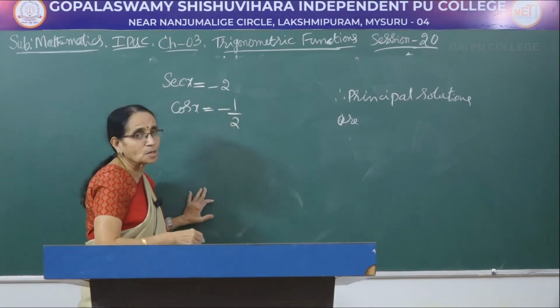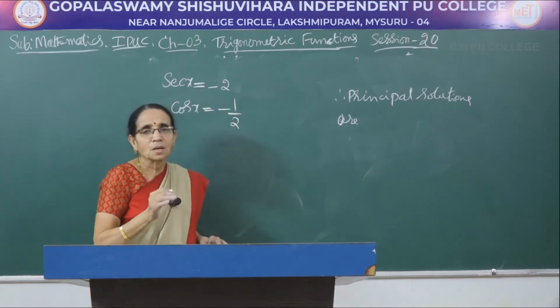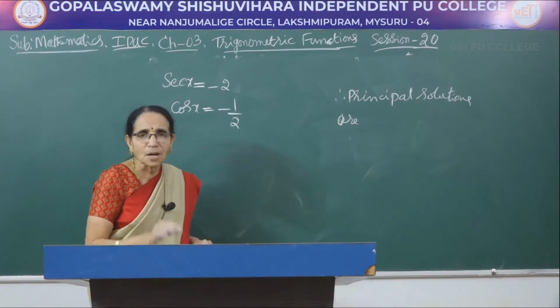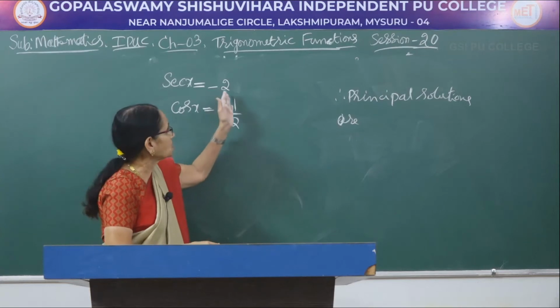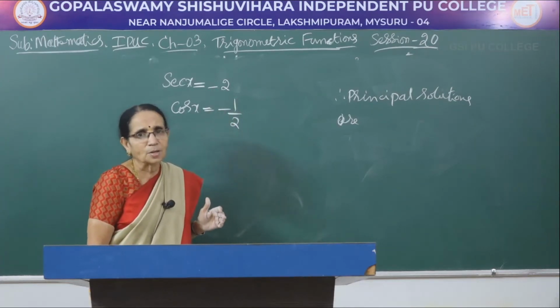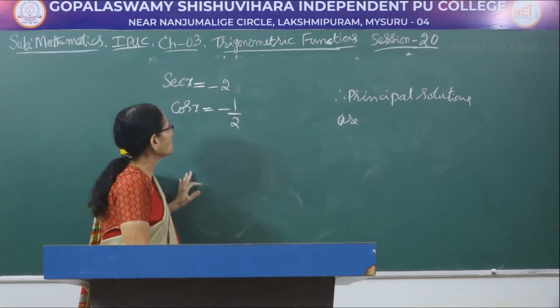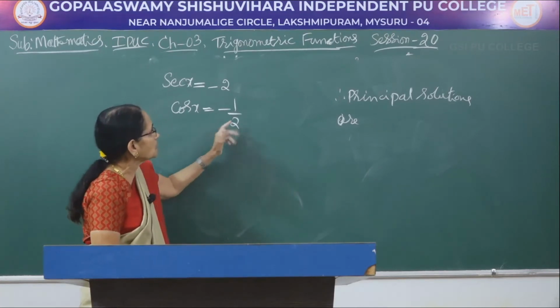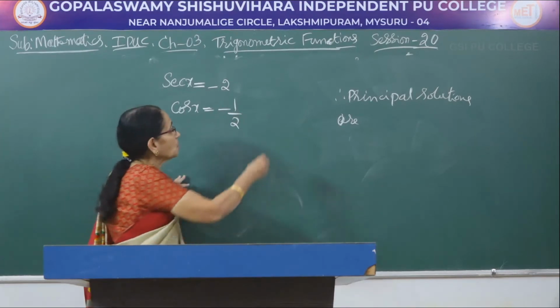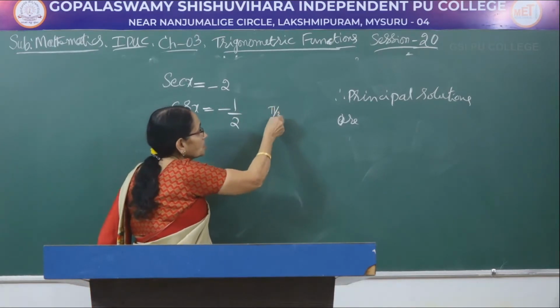I told you the reason for this one, because for sine, cos and tan, we are more familiar with the standard values of the standard angles. So, it may be better for you to write in terms of the reciprocal function. So, cos x equal to minus half. Look at this one. For 1 by 2 or half, what is the corresponding value?